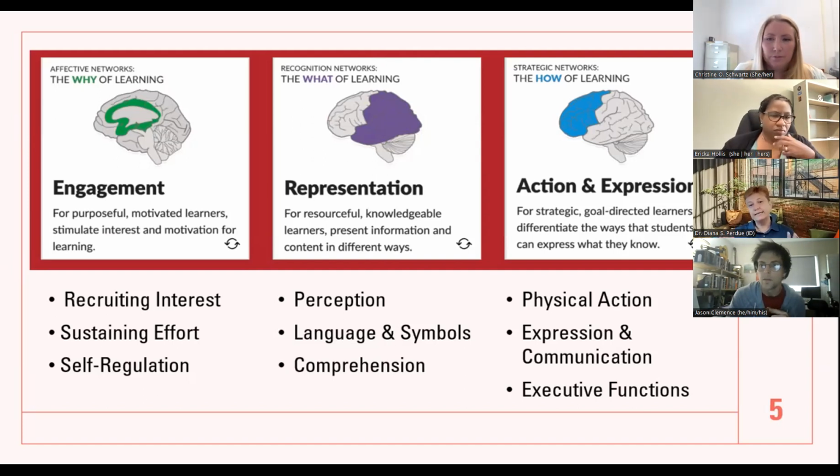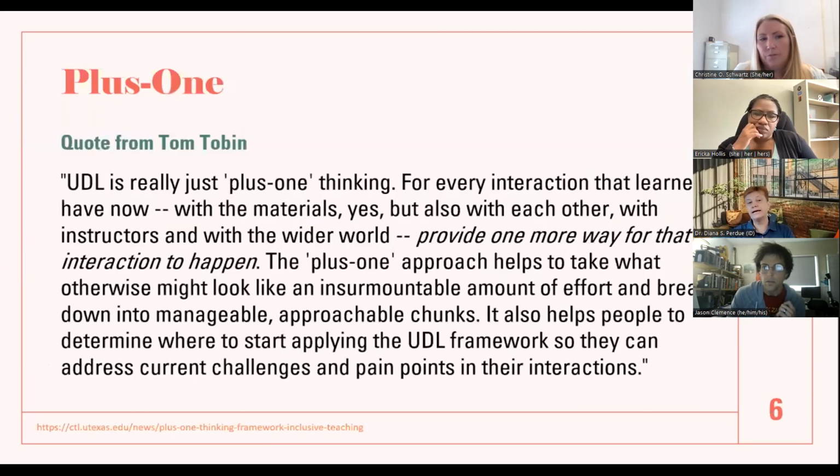So the idea is for this framework, we want to now take these concepts and put that through the lens of students, learners with neurodiverse needs. And to do that, I really liked this quote from Tom Tobin about this notion of +1.